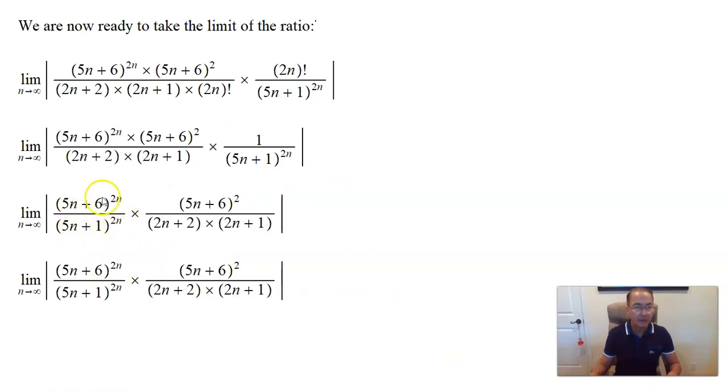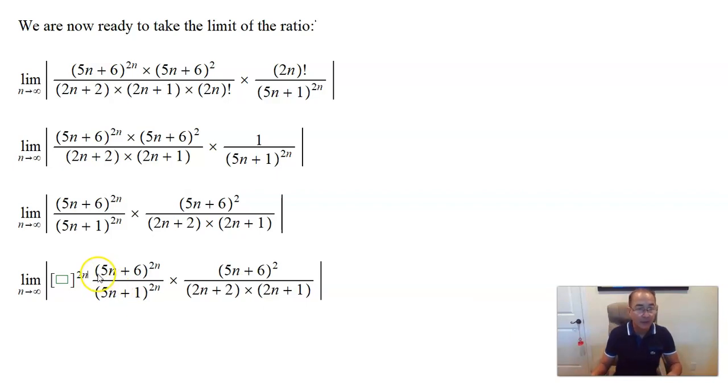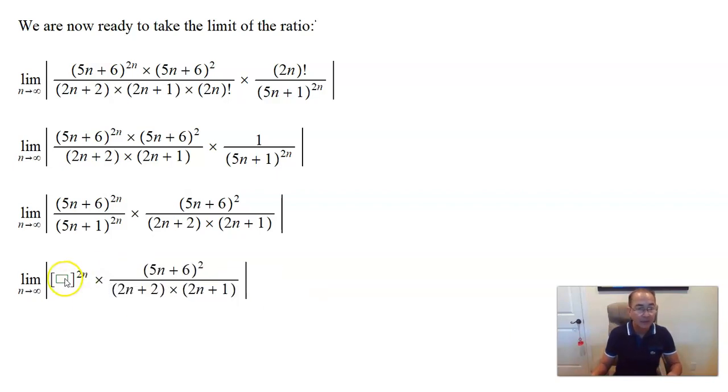All right. And now, I'm going to do one more step. Both of these are to the power 2n. So I'm going to put them together into a single fraction raised to the power 2n. I'm going to take all of this.